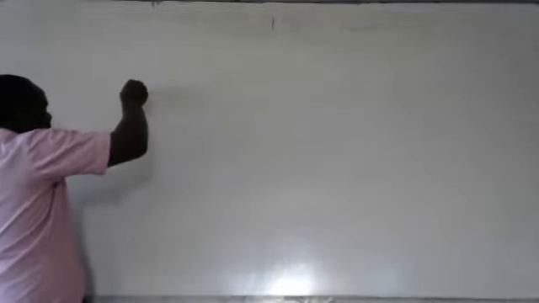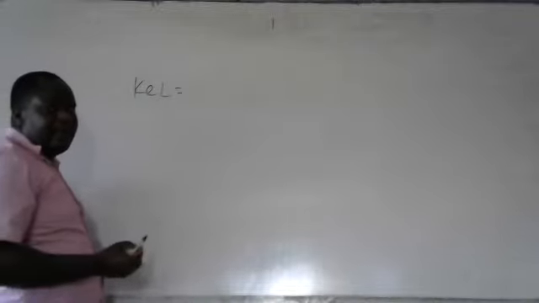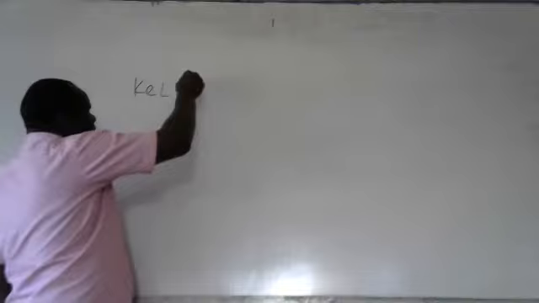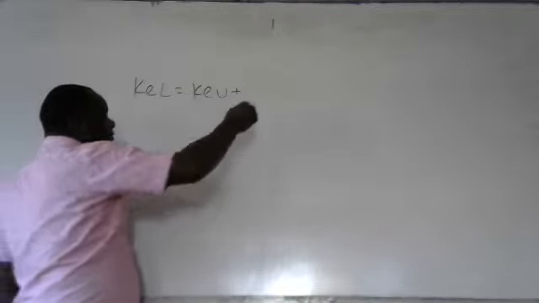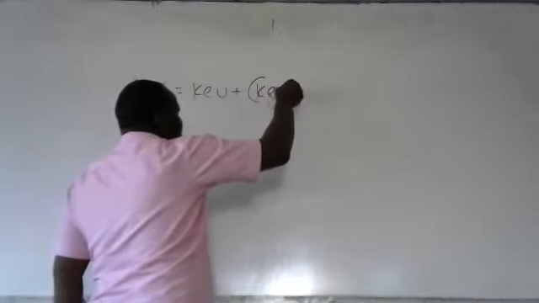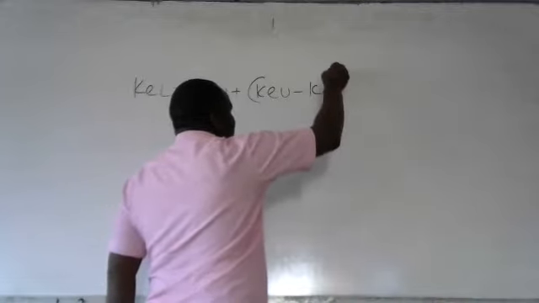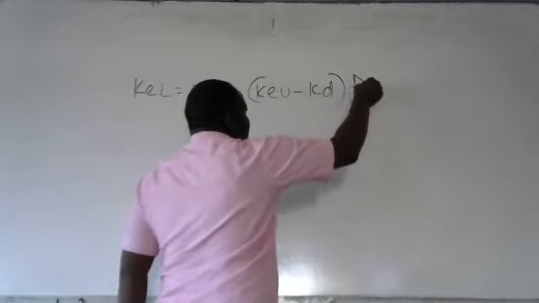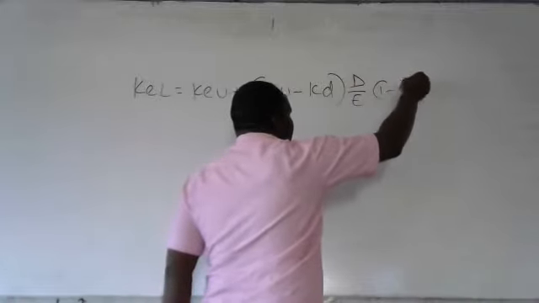So if you want to compute the cost of equity for the levered firm, it will be given by the cost of equity of the unlevered firm, then in brackets, KEU minus KD, then D over E, then 1 minus the tax rate.